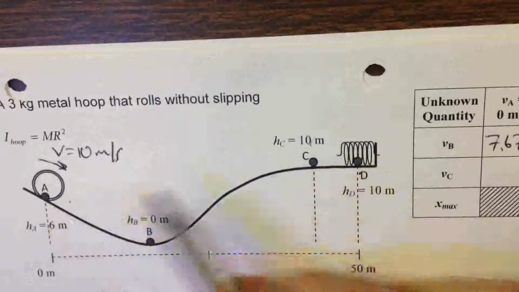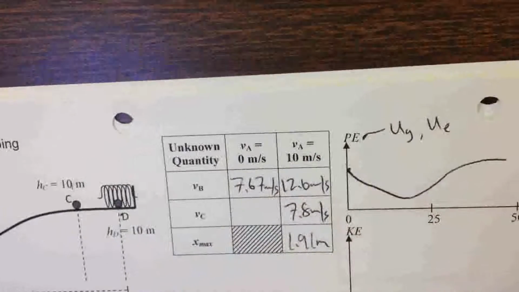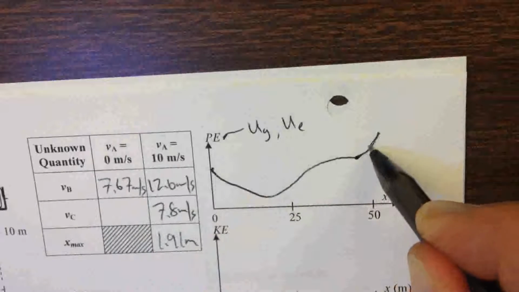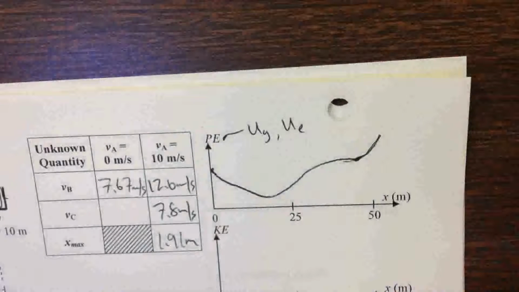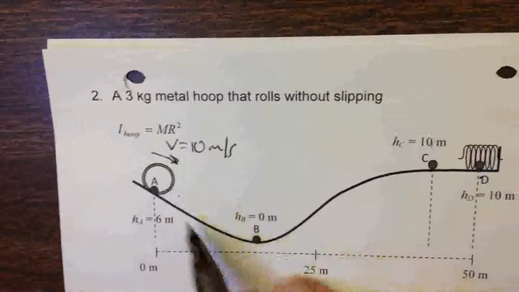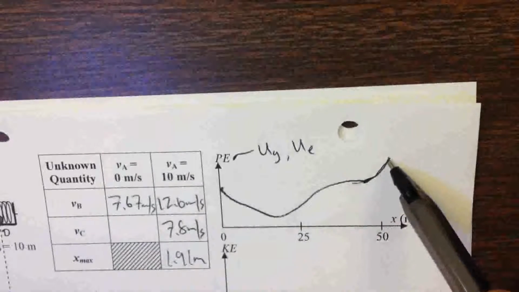But when that ring contacts the spring, the potential energy will increase. So we're going to see, strangely enough, an increase here at the end. Okay? So there's a potential energy curve, something similar to that. It should match the shape until the very end when it spikes from that spring potential energy. There's a little spike at the end from the spring.